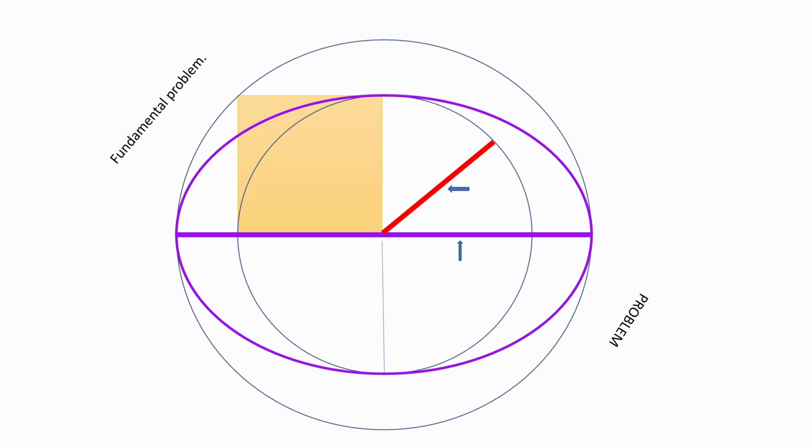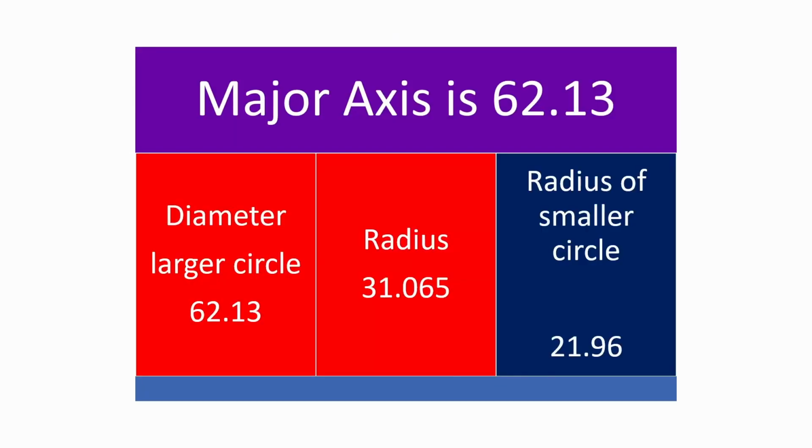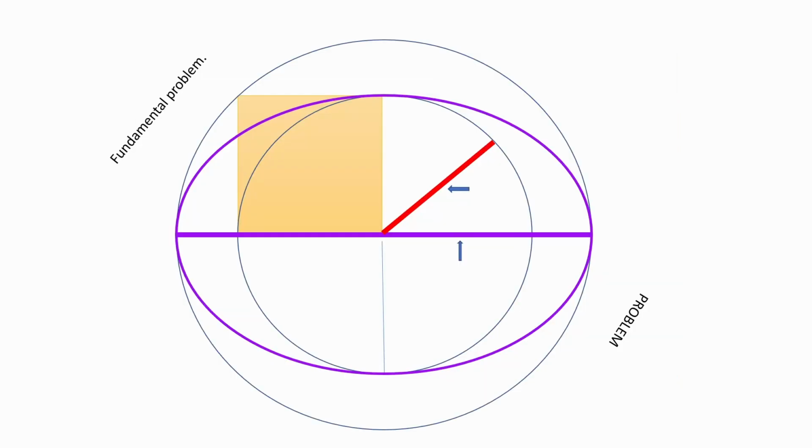Gold and purple are royal colors. All right. So we've got the major axis at 62.13 here because we're using that diameter there.